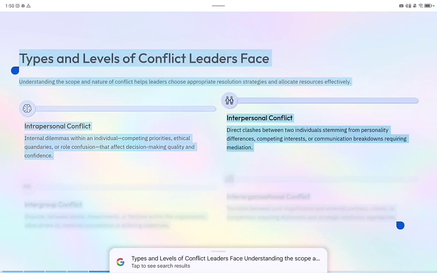Moving forward, the next type of conflict is the interpersonal conflict. What does this mean? It means the direct clashes between two individuals which happen because of personality differences, competing interests, or communication breakdowns and requires mediation.